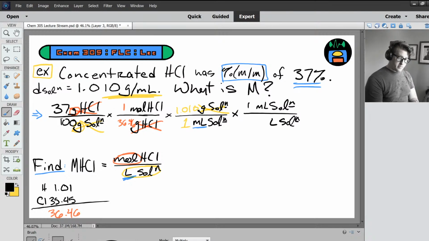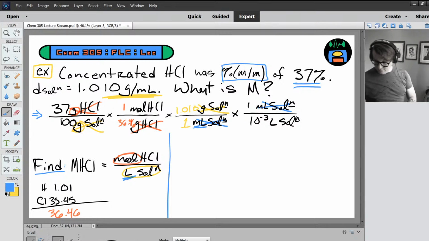And we know that 1 milliliter is 10 to the negative third liters. So now milliliters of solution cancels, and we are ready to crunch our numbers. So let's take a look.